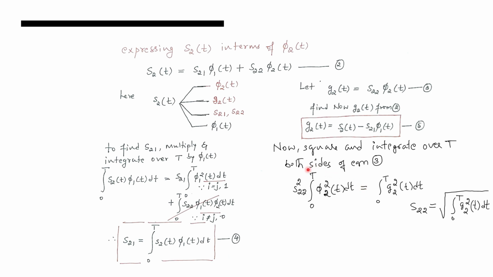The term within this integration represents the orthonormal basis function set, which yields 1 for i equal to j. Therefore, we get S22 as the square root of integral 0 to T g2 square of t dt. Once S22 is known, G2 of t is calculated from the known values. Phi2 of t, that is the second orthonormal basis function, is represented by G2 of t by S22.